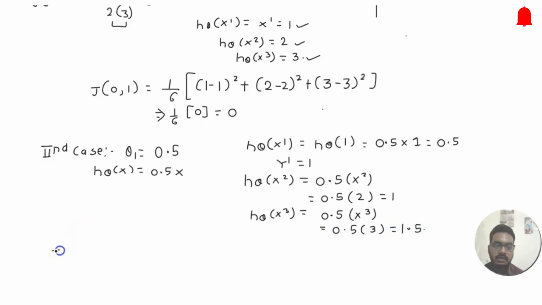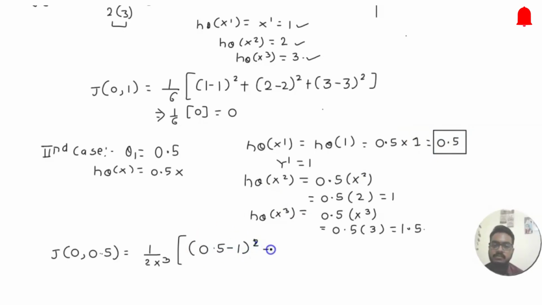Correct? So, again we will find J of 0, 0.5. This will be 1 over 2 times 3, which is 6. And then we have the summation. h theta of x1 is 0.5, so 0.5 minus y1, squared, plus h theta of x2 is 1 and the y2 value is 2, so 1 minus 2, squared, then h theta of x3 is 1.5 and y3 is 3, squared.